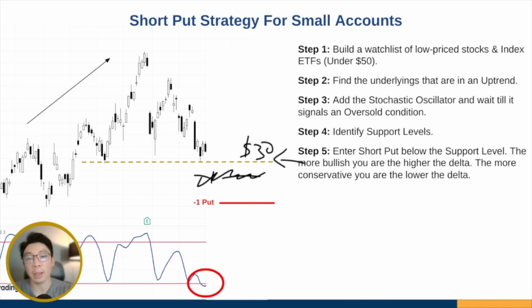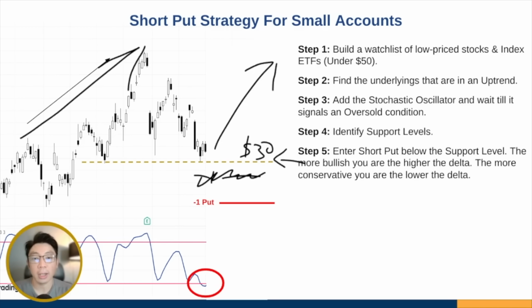Because remember, number one, we have the market trending upwards. So this gives us an indication that there is a likelihood that the market can still continue to go up, right? And secondly, we also have the stochastic oscillator that is telling us that it's currently in an oversold condition. So the market has already sold off quite a bit. That means it could reach a point whereby it's a little bit exhausted to the downside, and then it can come back up.